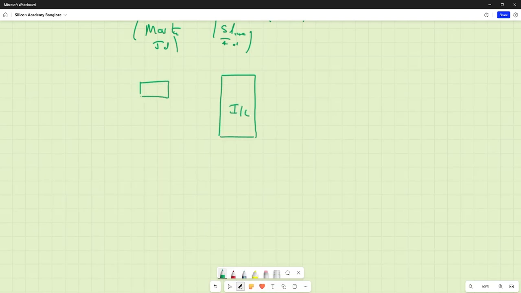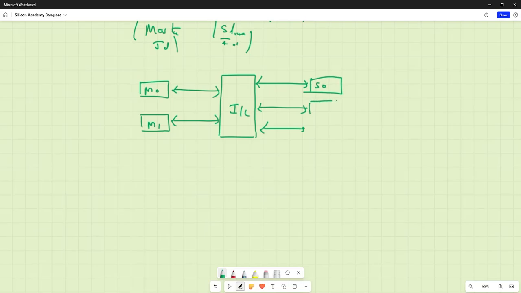These are the two masters, M0 and M1, which connect with the interconnect, and on the other side there are three slaves, S0, S1 and S2.